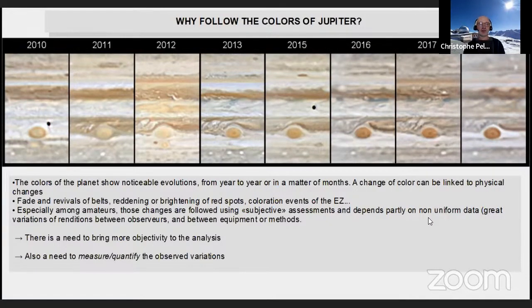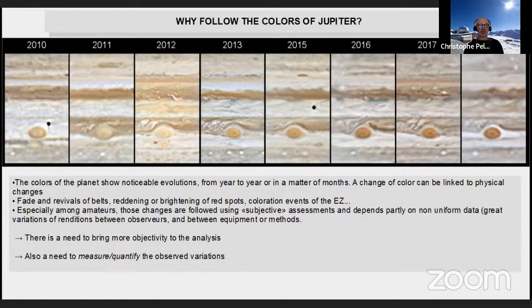For example, we have all observed fades and revivals of belts, reddening or brightening of red spots, or coloration events in the equatorial zone. Especially among amateurs, those changes are followed using subjective assessments and depend partly on non-uniform data. So there is a great variation of renditions between people or between equipment or methods.